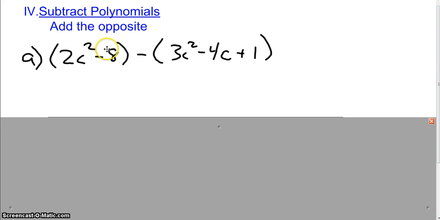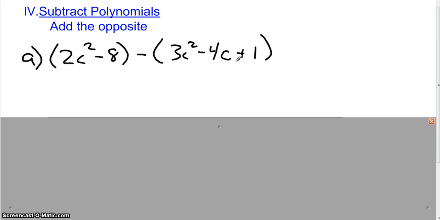We have 2c squared minus 8 minus the quantity 3c squared minus 4c plus 1. This subtraction sign is impacting each term in the trinomial that is following.